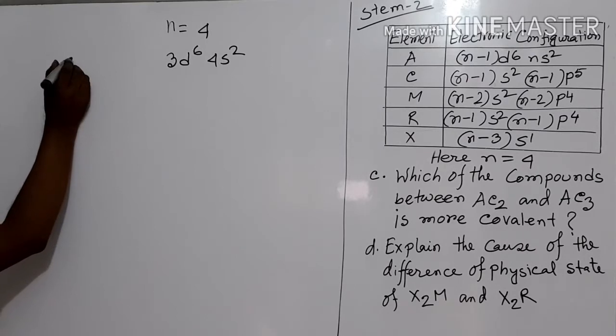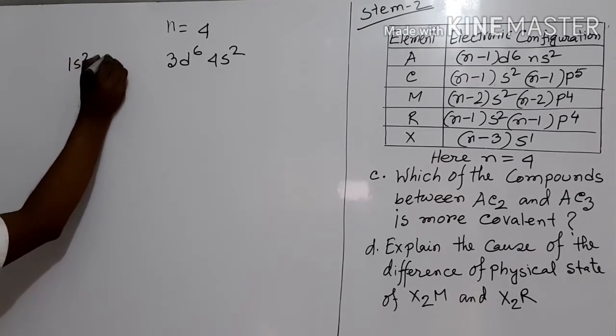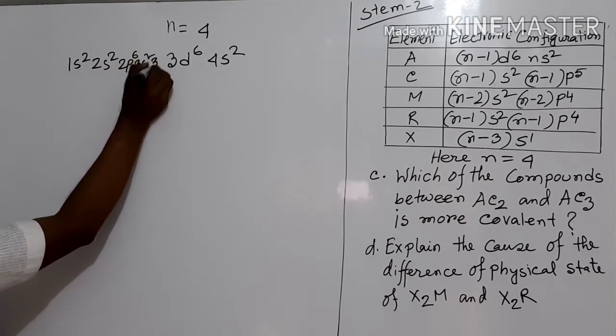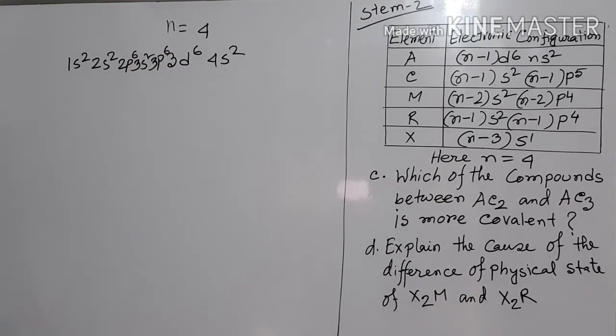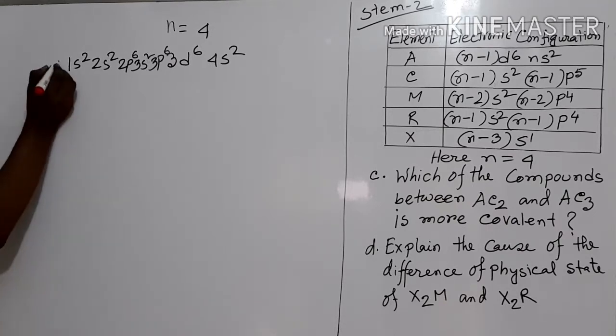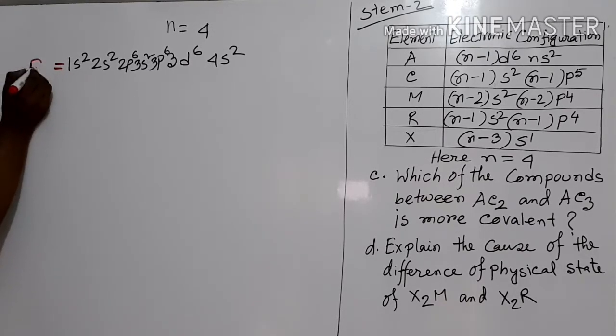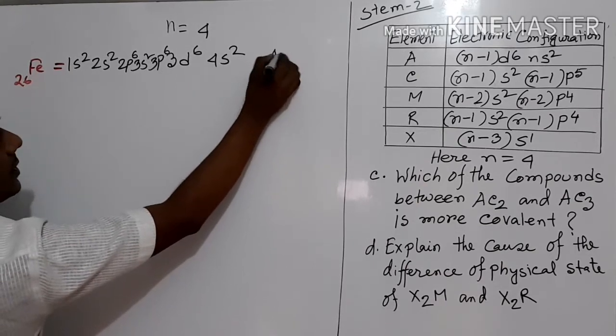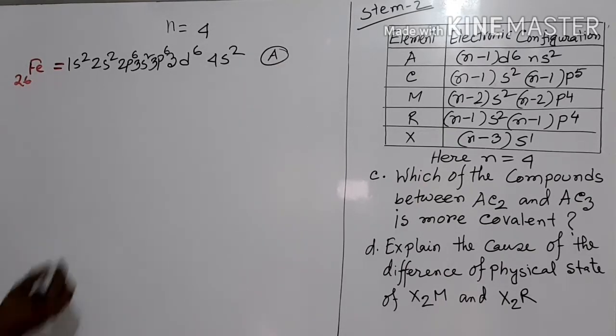So the electronic configuration of A is 1s2, 2s2, 2p6, 3s2, 3p6, 3d6, 4s2. So the total number of electrons of this element is 26. So this one is iron, atomic number 26. So A is iron.